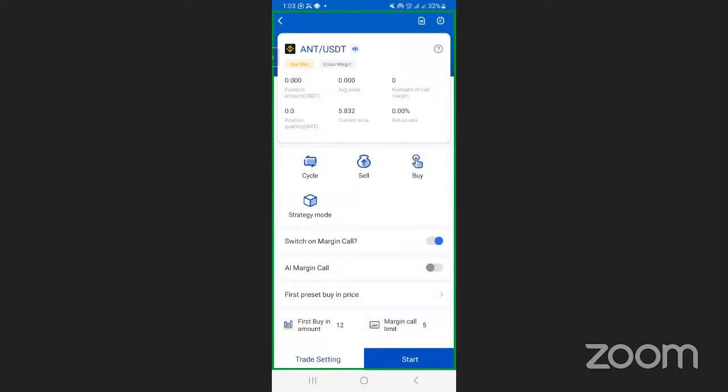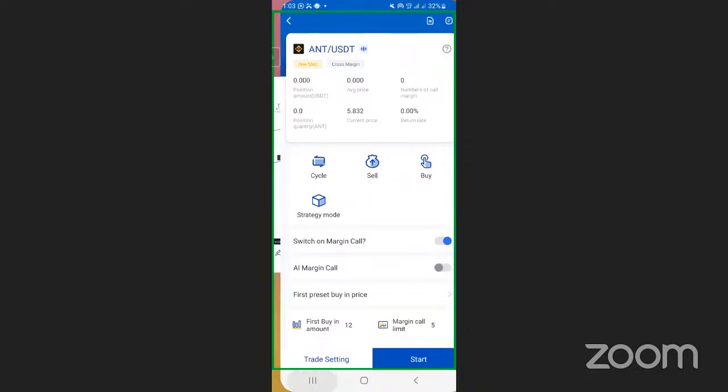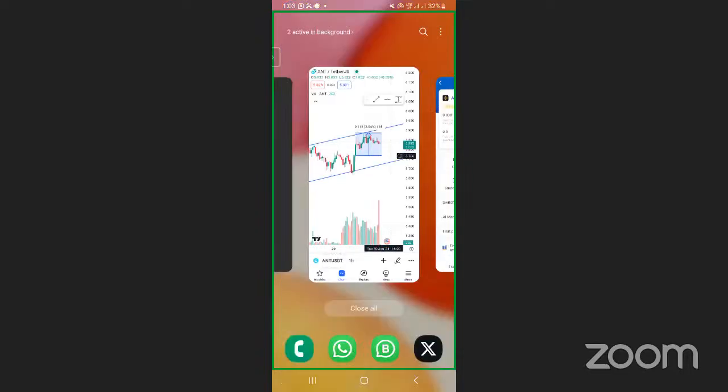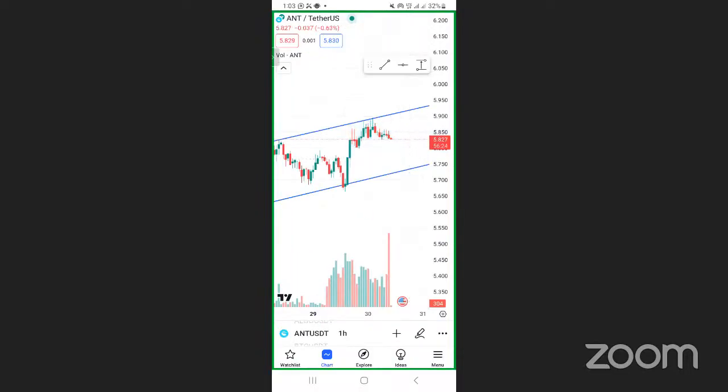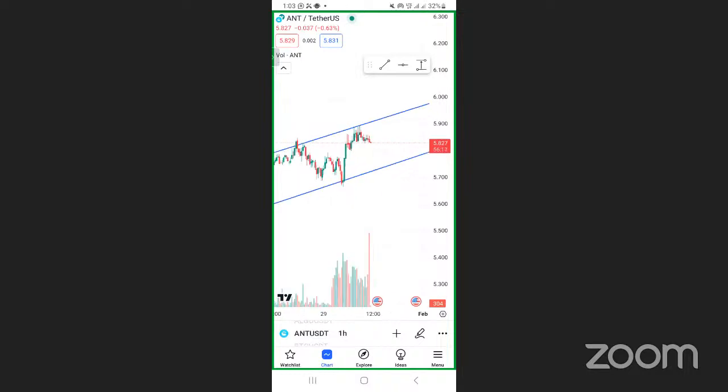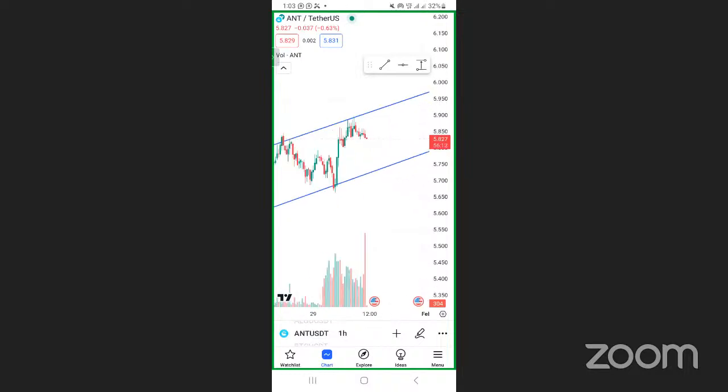So now, according to what you're seeing, ladies and gentlemen, what do you expect next? What do you expect that this coin is going to do? What do you expect to move up? Are we following, guys?